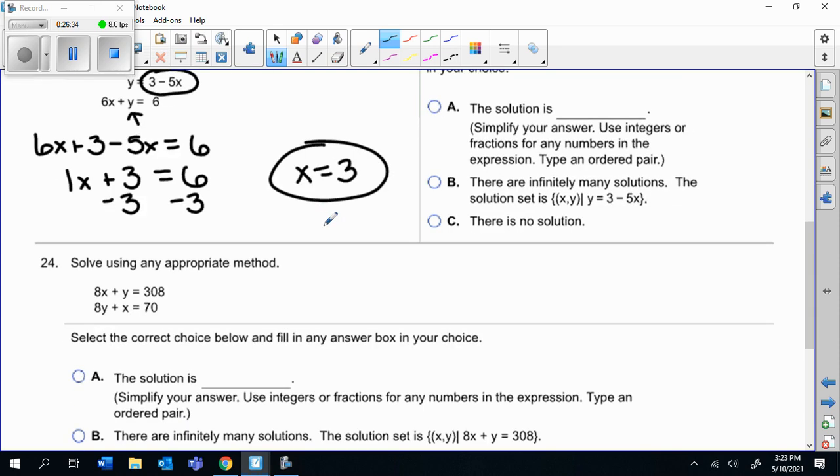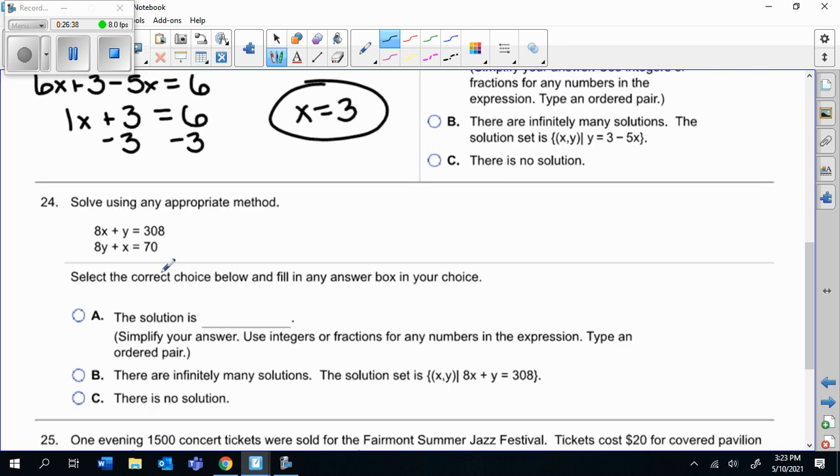This next one says solve using any appropriate method. Elimination is always my favorite. Let's do a little rewrite here. The top one is fine because it goes x, y, and 308. The bottom one, I would switch so that everything lines up. Now, I'm going to eliminate x because it really doesn't matter which one I do.